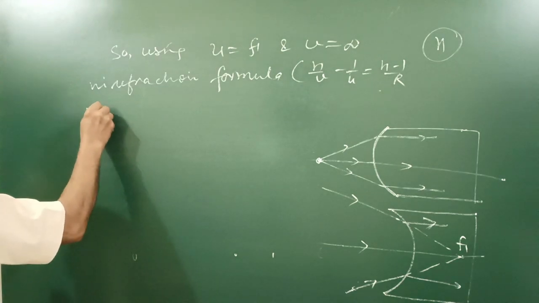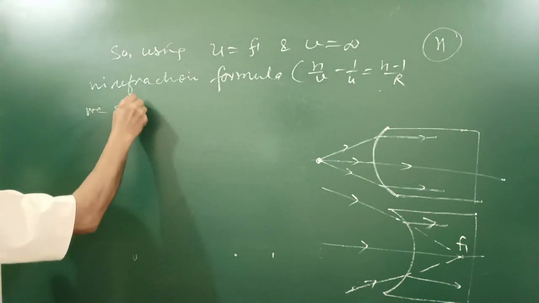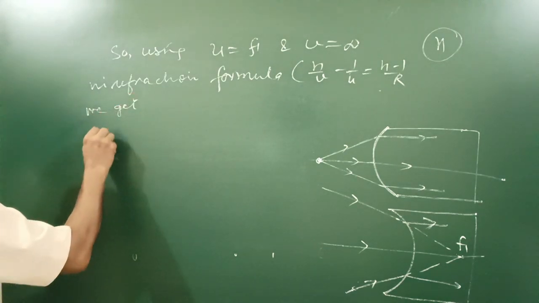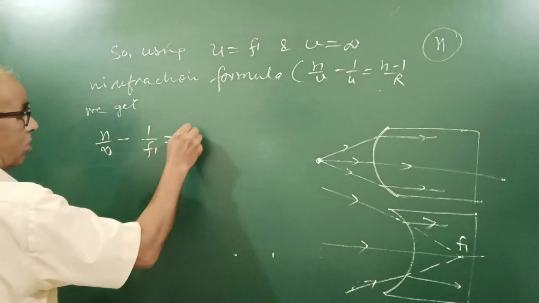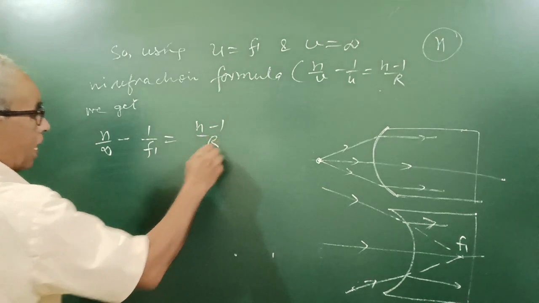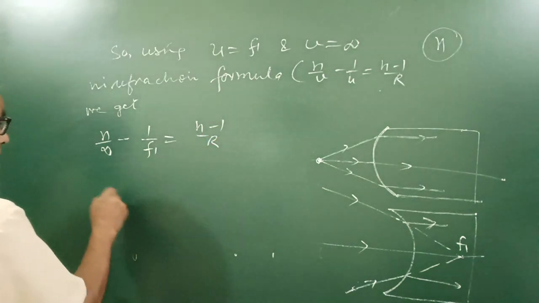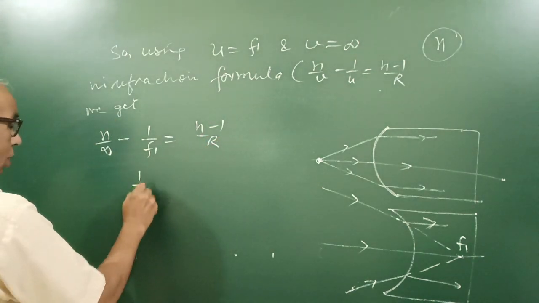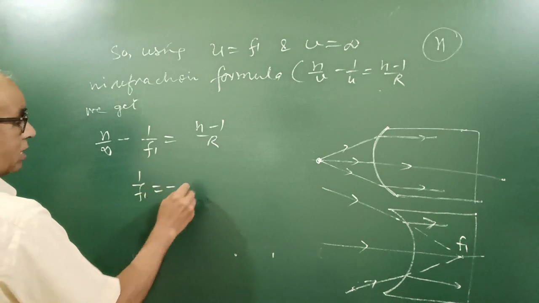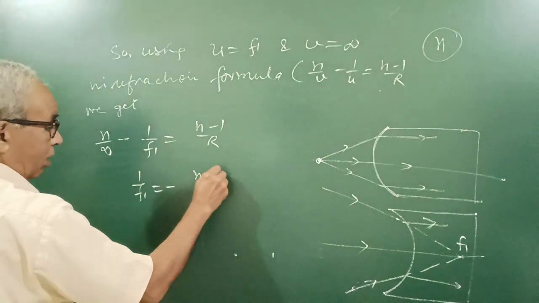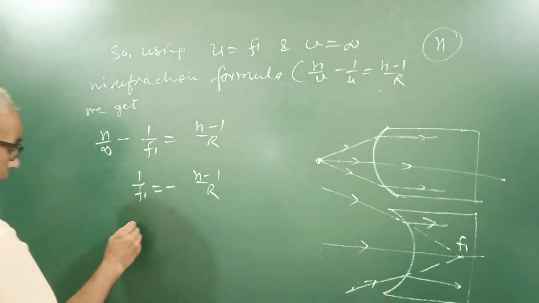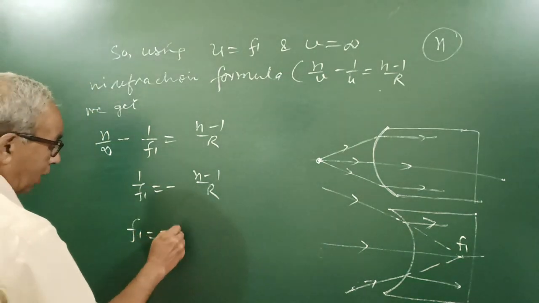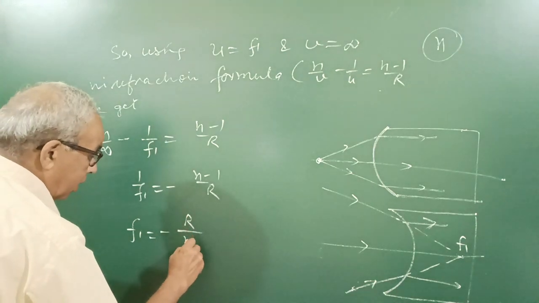We get n upon infinity minus 1 upon f1 equal to n minus 1 upon r. Or you can write, it is 0, so 1 upon f1 equal to minus n minus 1 upon r. Or f1 is equal to minus r upon n minus 1.